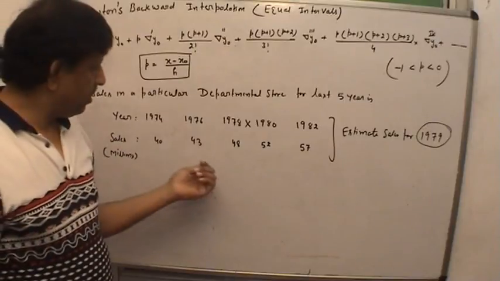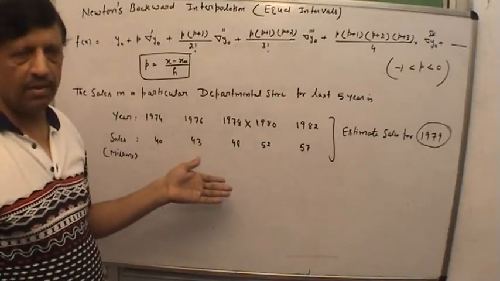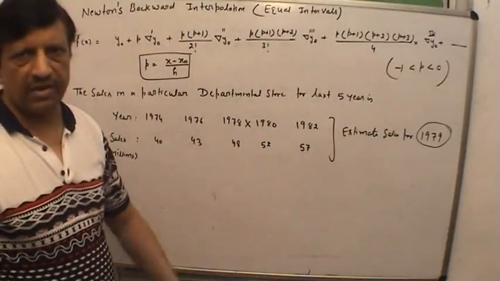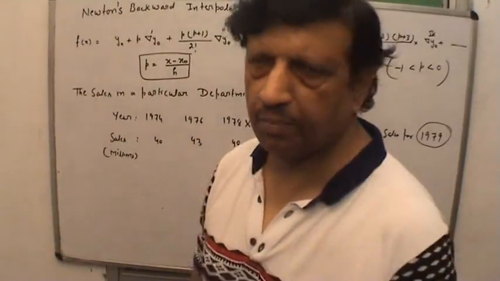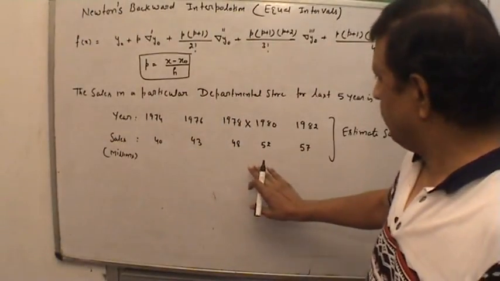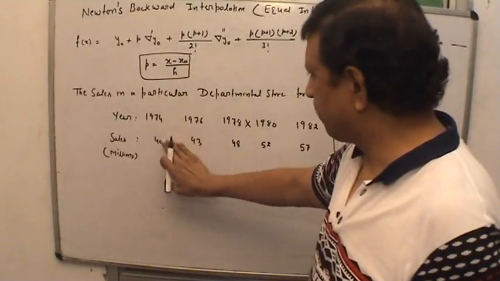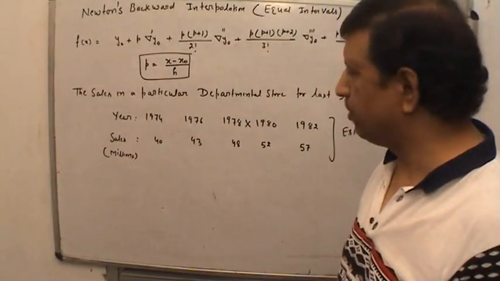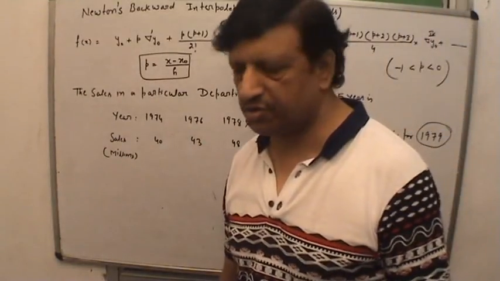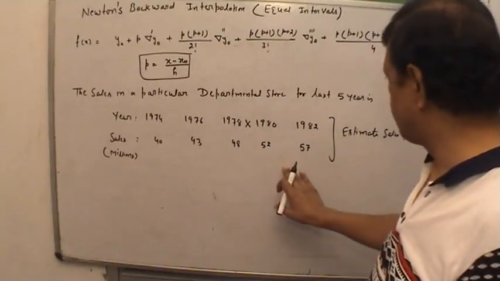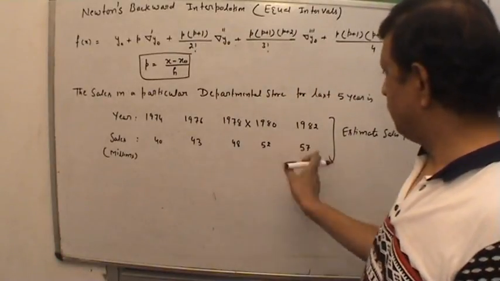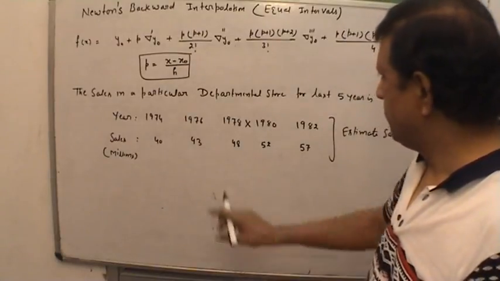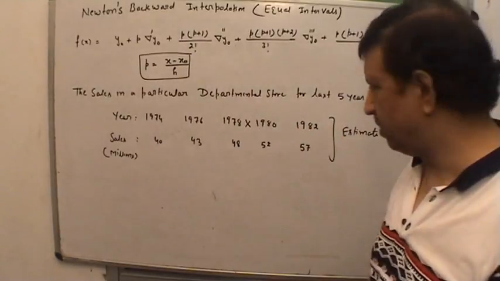Don't worry about what happens if it is between left or right; then you can decide whichever formula you want to apply. When the point of interpolation is at the beginning of the data, we apply Newton's forward difference interpolation, and when it is at the last or ending values of the given data, we follow the backward interpolation.